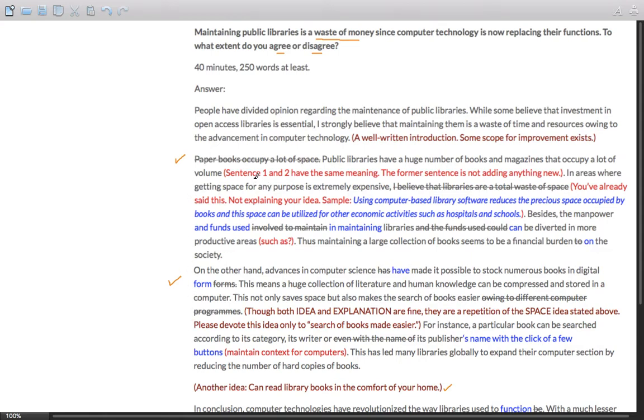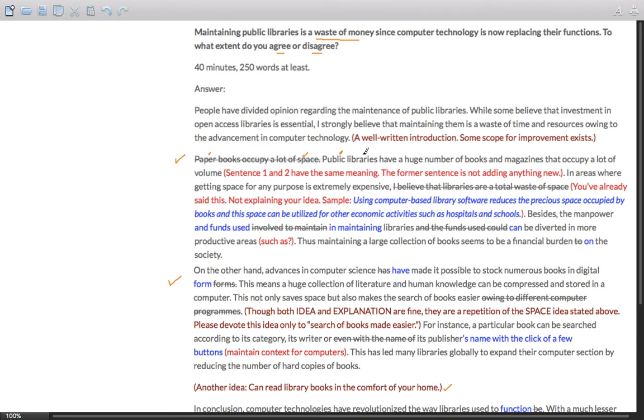Now, developing arguments. Strong arguments with logic requires that there is no repetition of ideas. The student has repeated the same idea in two different sentences, the two different contiguous sentences. Now, the paper books occupy a lot of space, okay, fine. The next sentence is public libraries have huge number of books and magazines that occupy a lot of volume.